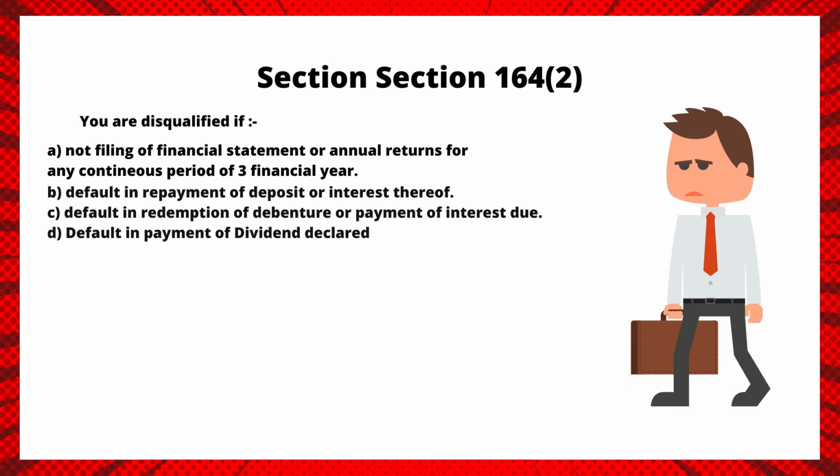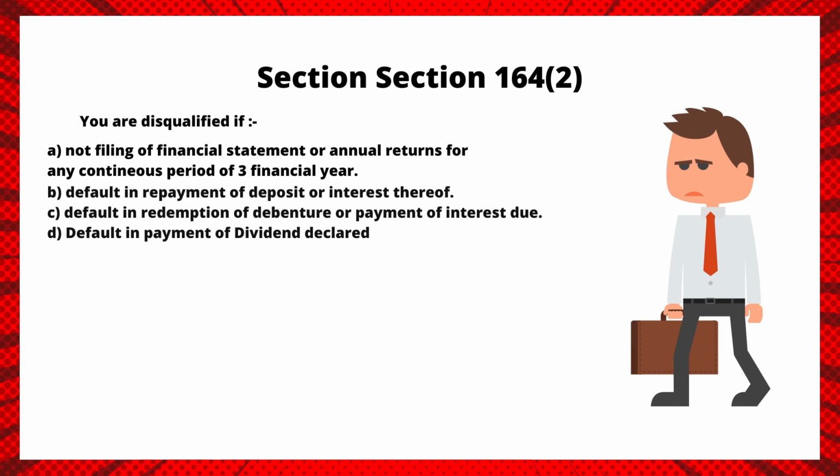Clause B says that if you have made default in repayment of the deposit accepted by the company or default in payment of interest thereon, then also you are disqualified to be a director, right?